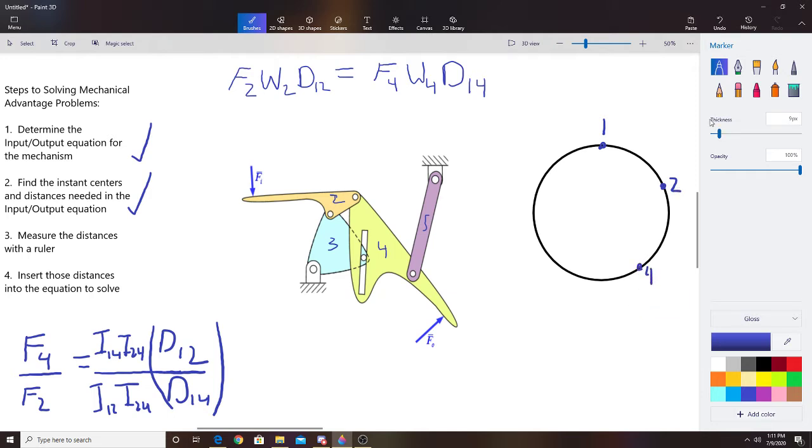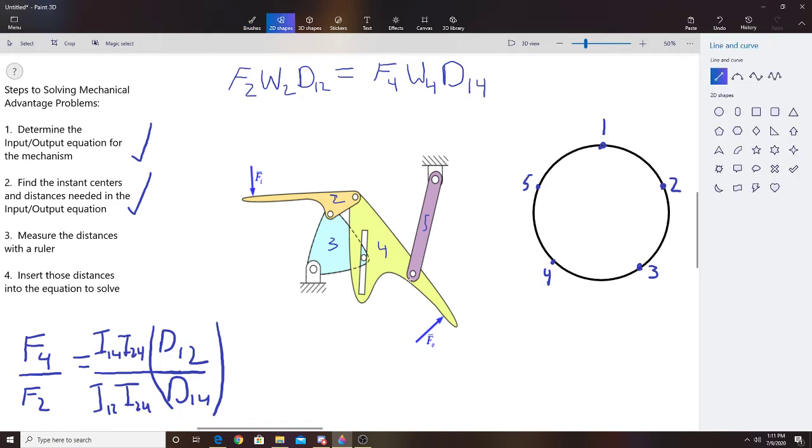Oh man, there's a 3 before 4. All right, so this is our circle for this question. So now we have to go through and find all of the instant centers that we have at the start. So we now are moving back a chapter to determine all the instant centers we already know.